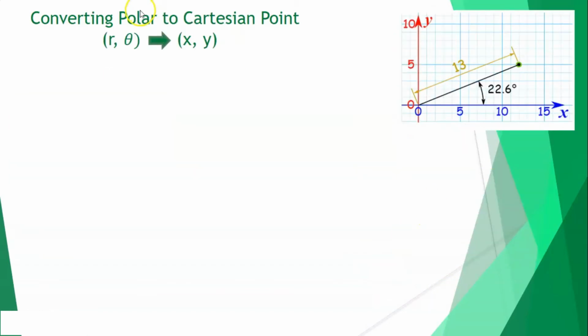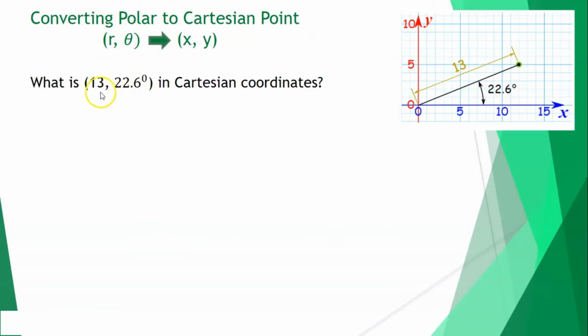Now, to convert from a polar to a Cartesian point, that would be r theta to xy. So what is 13 and 22.6 degrees in Cartesian coordinates? We will reverse the process. To find x, make use of the cosine function.